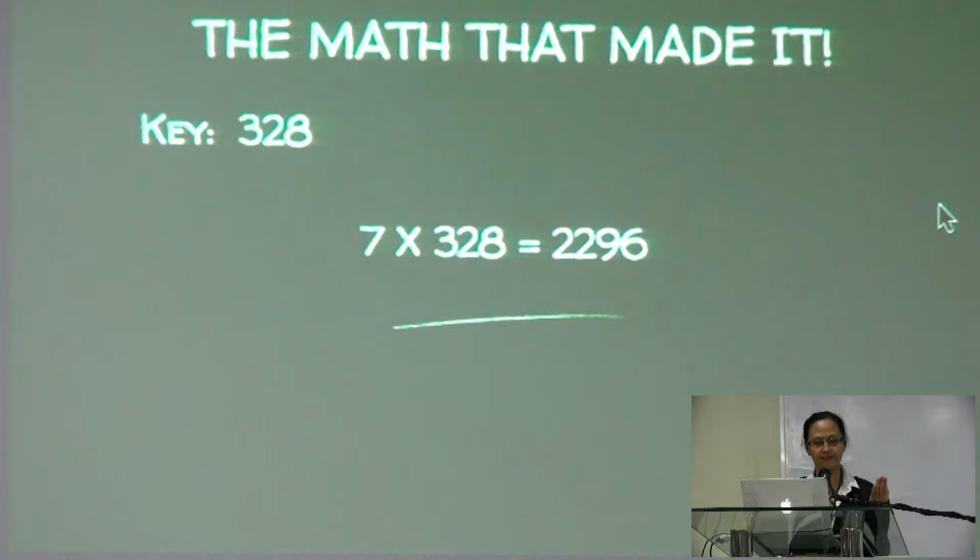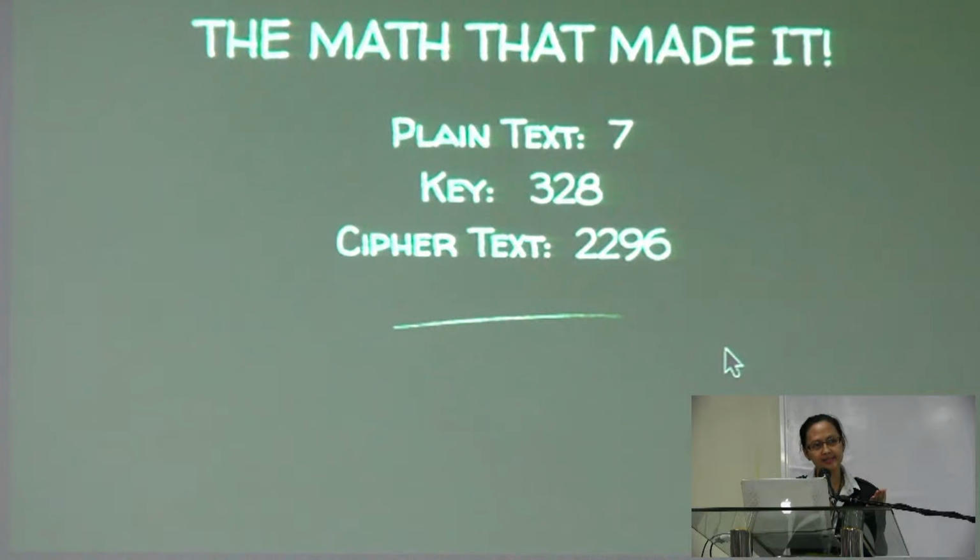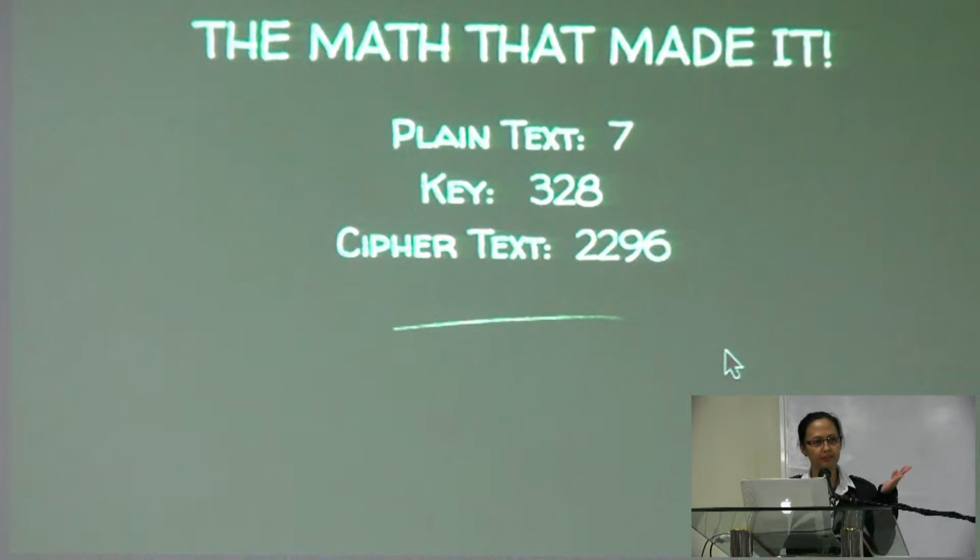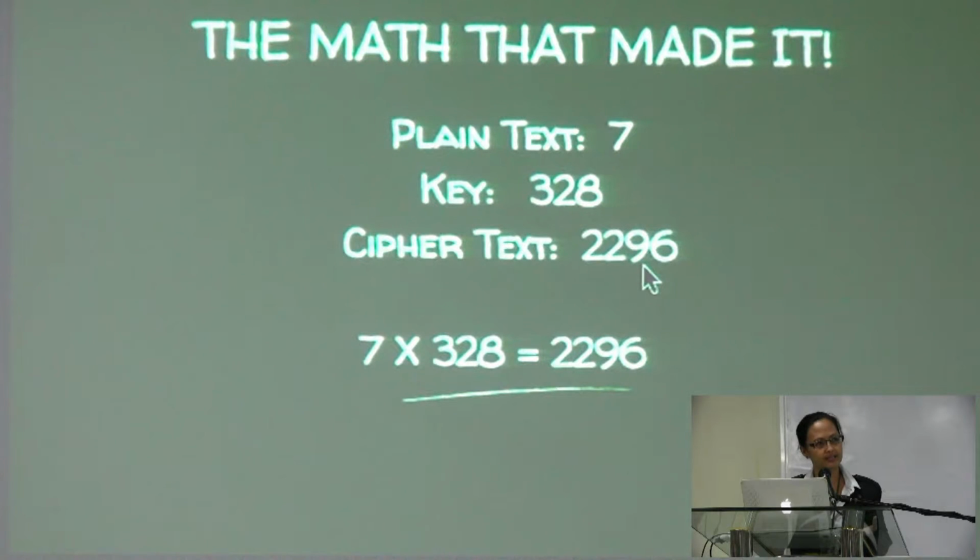So the message 7 now has become 2296. So my plain text is 7, my key is 328, and the process of enciphering the plain text 7 is just mere multiplication. So 7 now becomes a ciphertext. So this is again the process of encryption.